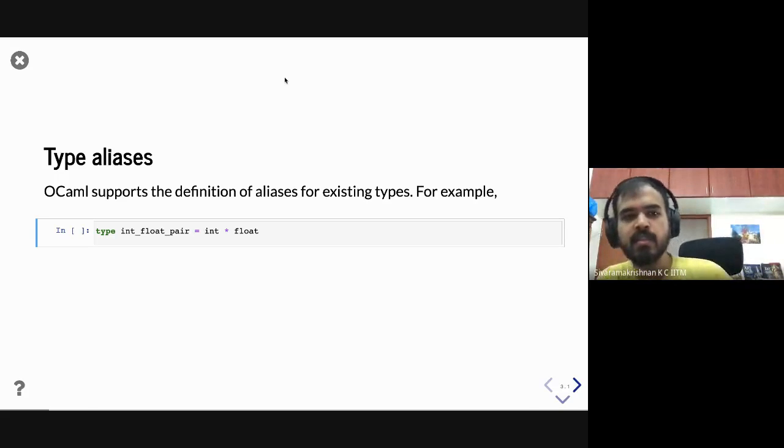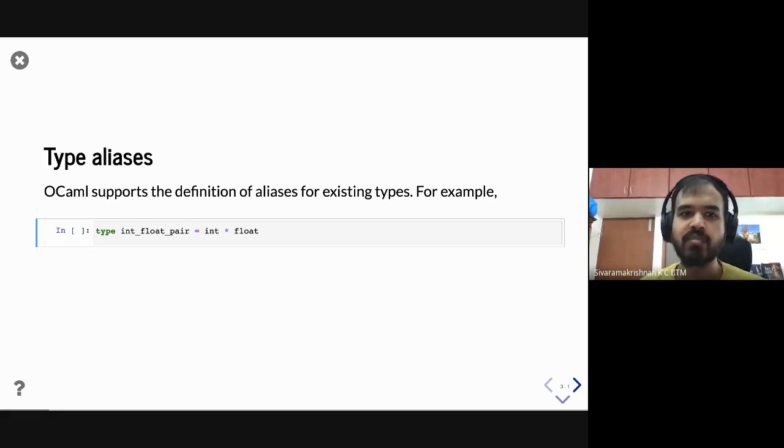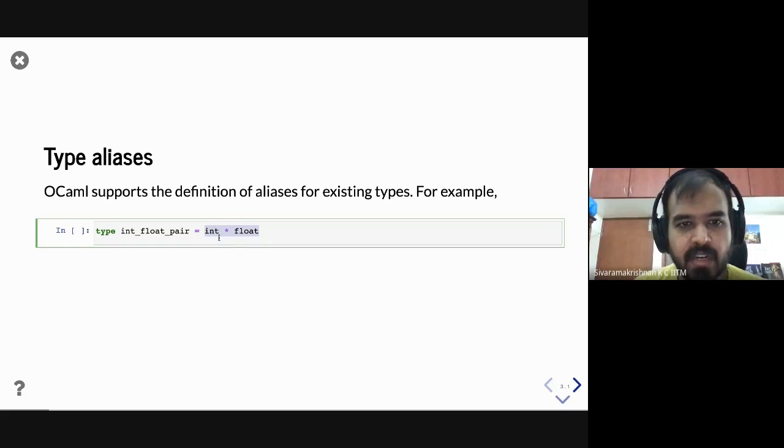So in OCaml, you can define new types, new data types, but also just new types. The first thing you can do is define type aliases. What are type aliases? Aliases are just a name that you give for existing types, just like another name. Here is an example. This particular definition refers to a tuple, a pair, which has two components.